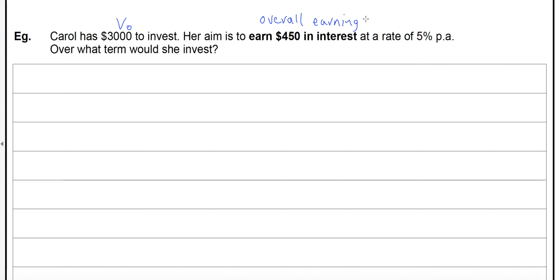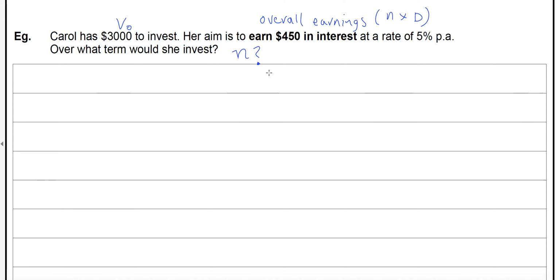So in other words, if we take N and multiply it by D, that's what we want to equal 450. And she wants that at a rate of 5%, or she's got a rate of 5% per annum. And we want to know over what term she should invest. So in terms of what we've got here, N times D, really we're trying to find what's that N value. So how many years does she need to invest this money for?